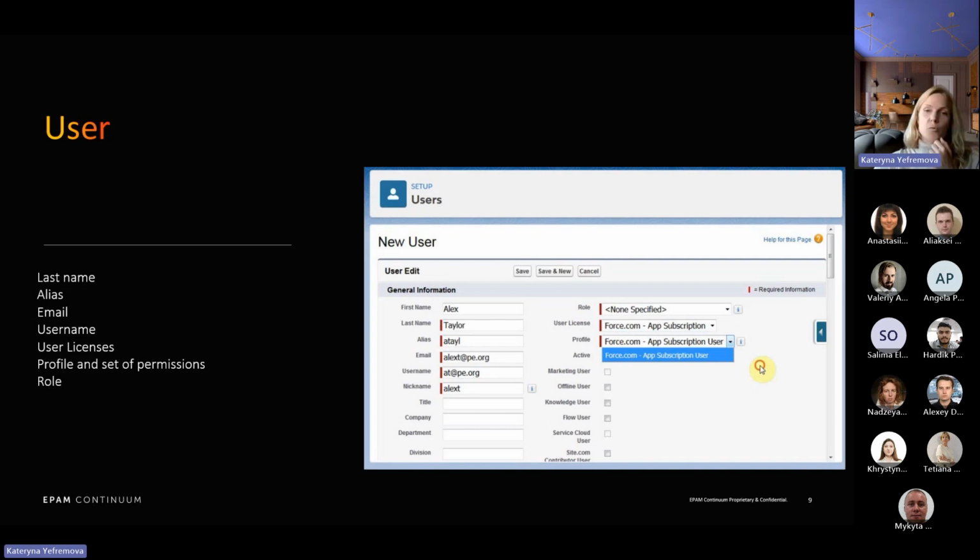Also, we are going to profiles, and you can see these profiles, right? Profiles are a little bit close to roles, but they are different, and it's important to understand the difference. Here in a profile, it more sets what a user can do.